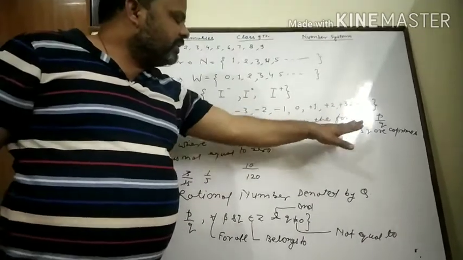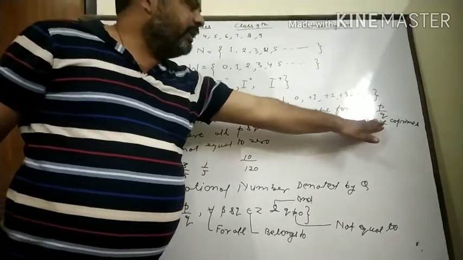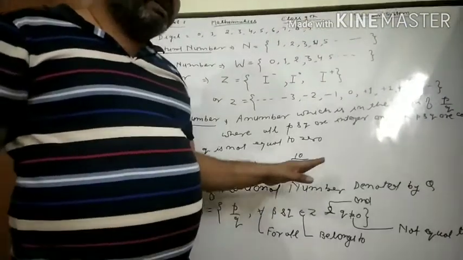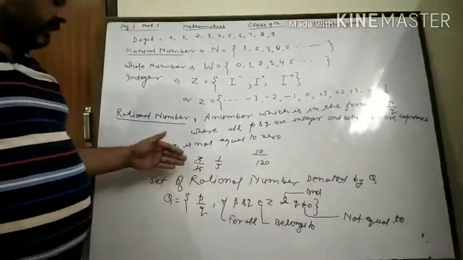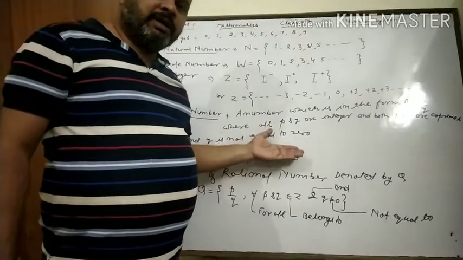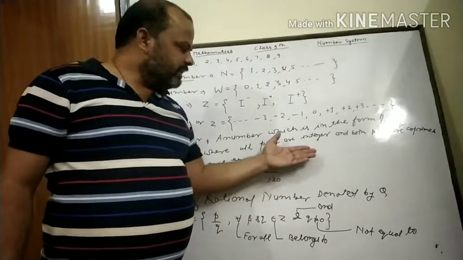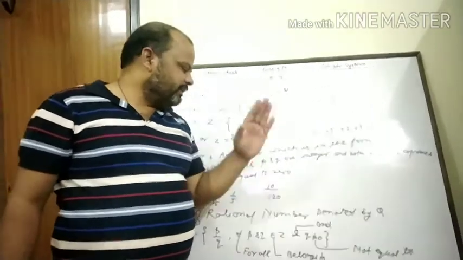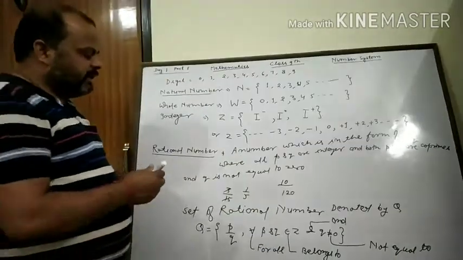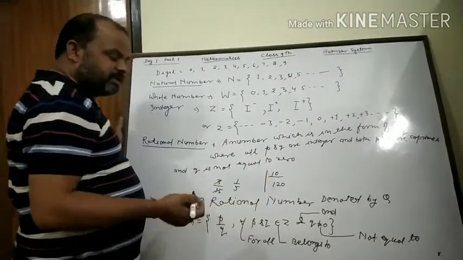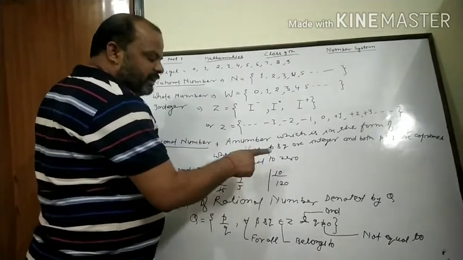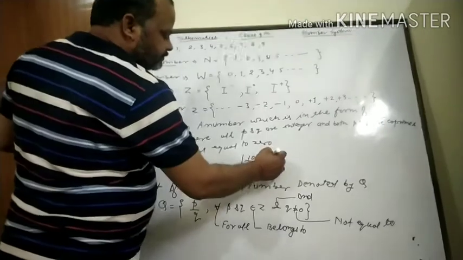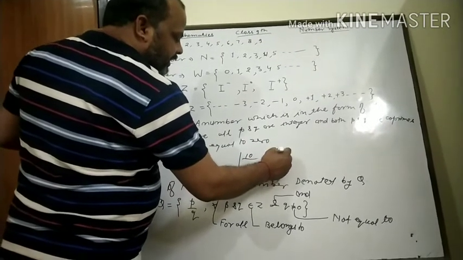In a rational number, it is necessary that P and Q are both co-primes. If you have a rational number, it means you must write it in the simplest form, meaning P and Q are in the form of co-primes. Here 10 upon 120 is a rational number, but if you write it in the simplest form, it is 1 upon 12.